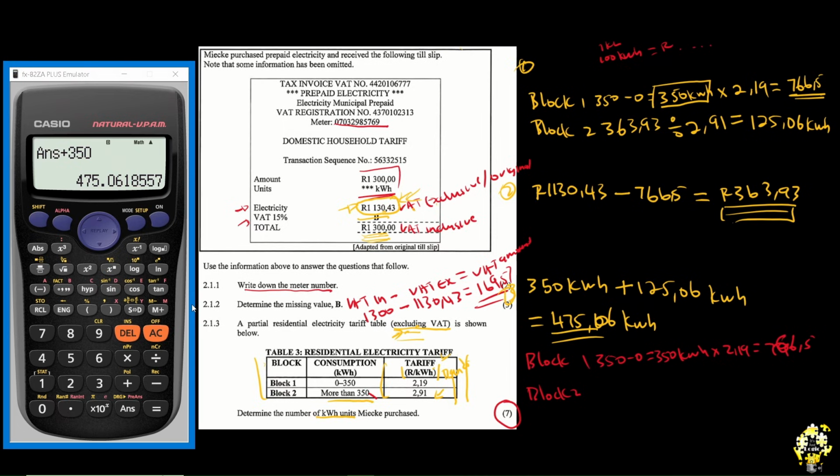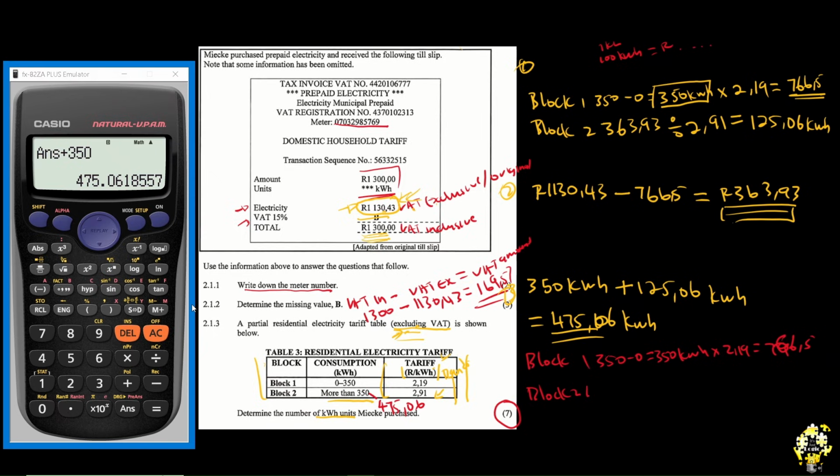Block number 2, we said that they say more than 350. So now the interval has been given, because now we have 475.06. Remember, we solve the interval vertically. As much as it's 350, you know in your mind that it is vertically.